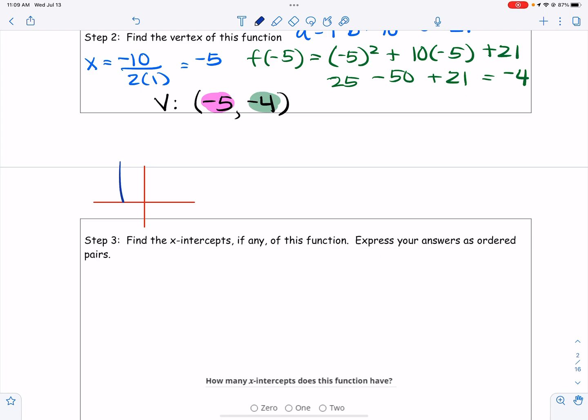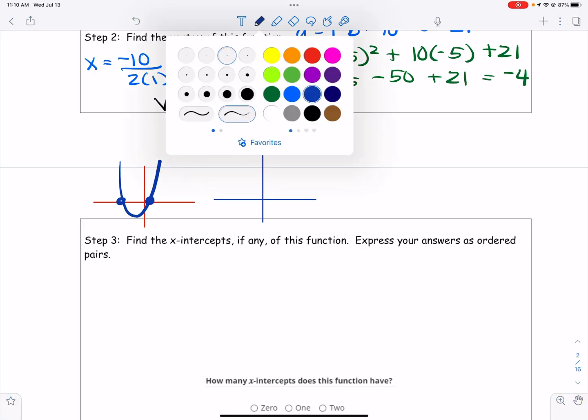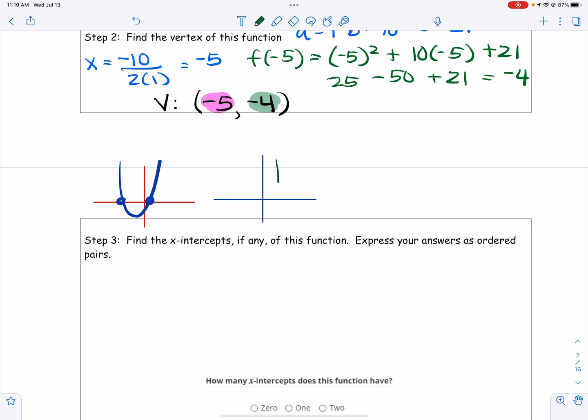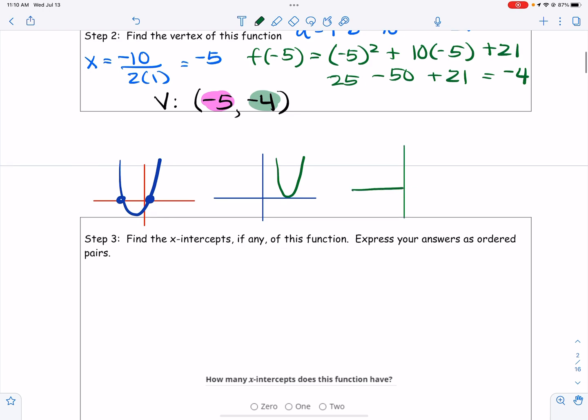It's going to either hit the x-axis at 2 spots, or it's going to hit it at 1 spot, or it will hit it at no spots. And this is related to the discriminant.